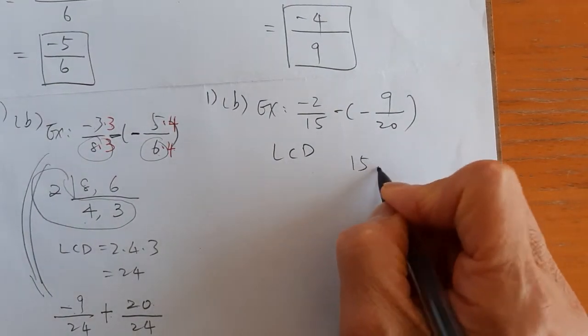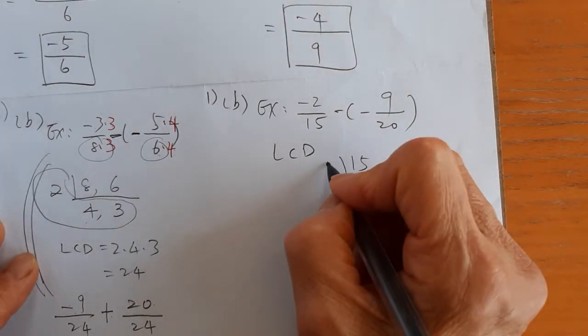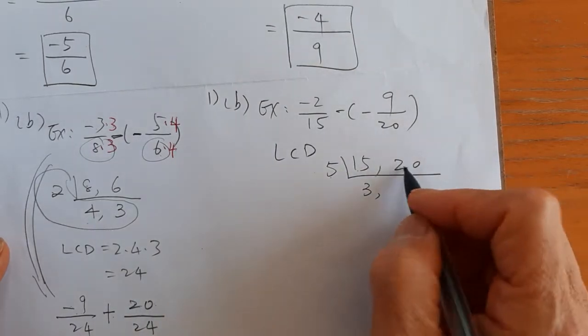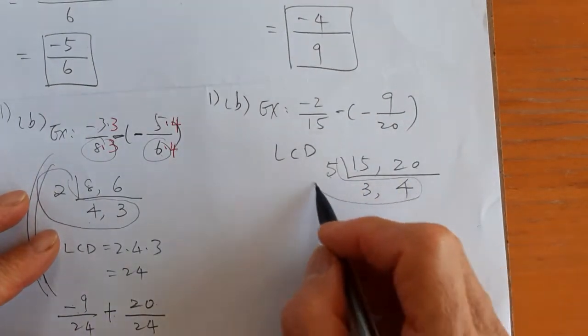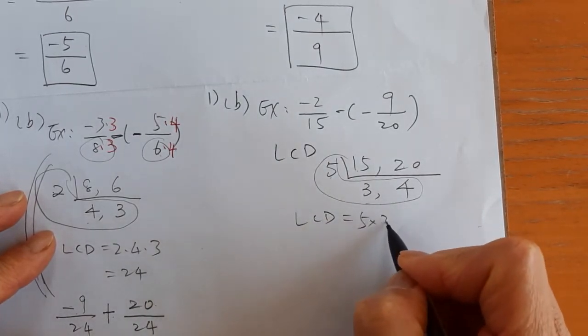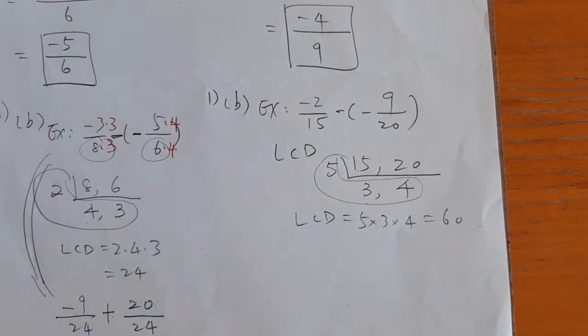So you put 15 and 20 on a division box. 15 and 20 common factor is 5, both divisible by 5. Because 15 divided by 5 got 3. 20 divided by 5 got 4. And the 3, 4 common factor is just 1. So then you times those together. So LCD is 5 times 3 times 4. And you got 60. It's their LCD.